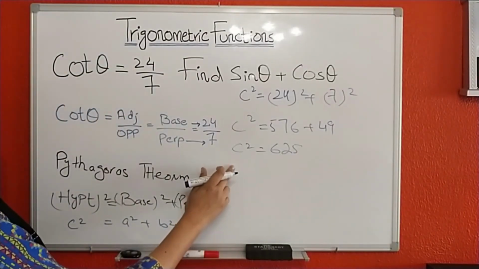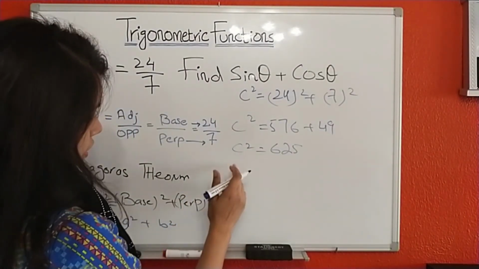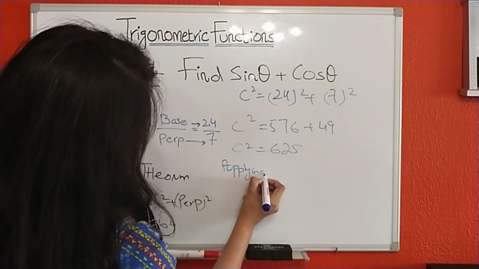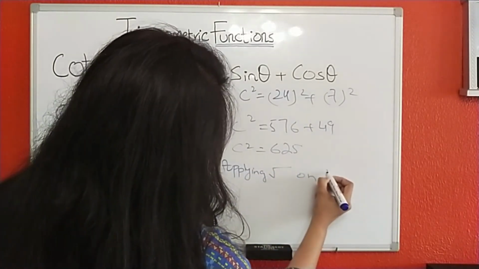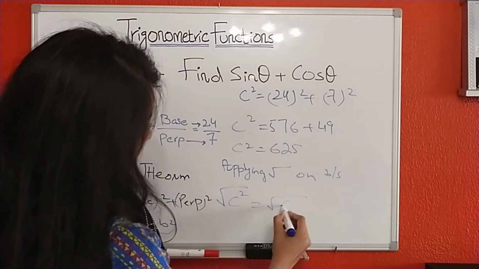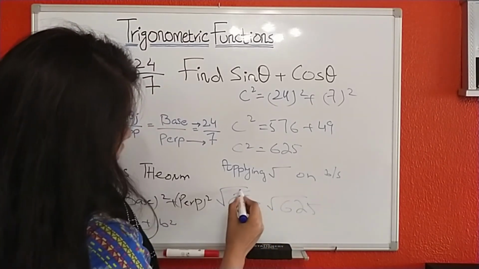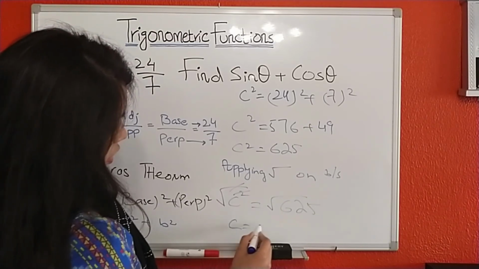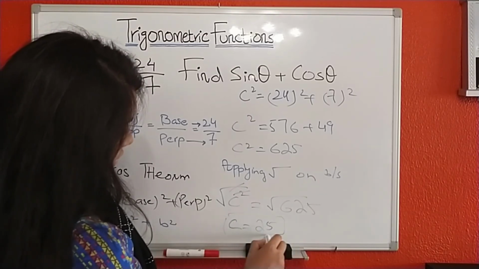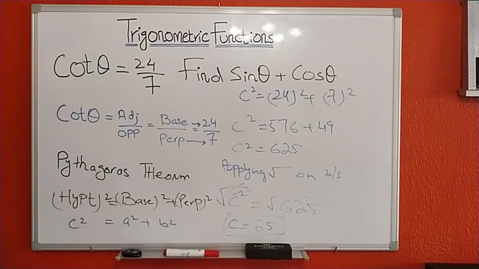Now I only need the value of C and I will cancel the square, so I am applying root on both sides. So root C square is equal to root 625. Square and root will cancel out. The root of 625 is 25. So the value of hypotenuse is 25 here. Now I have solved almost half of the question. I hope you understand it well.